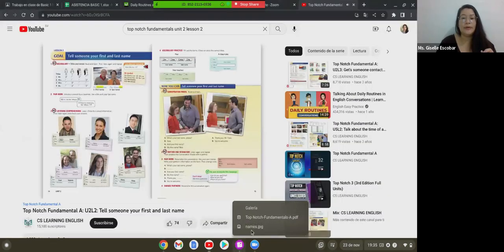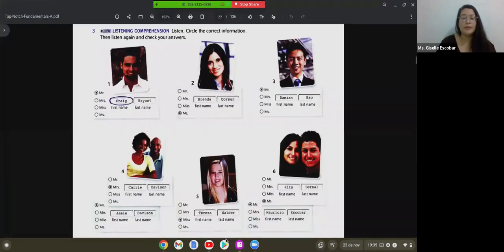Page 14. Exercise 3. Listening comprehension. Listen.